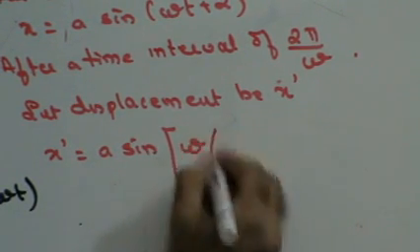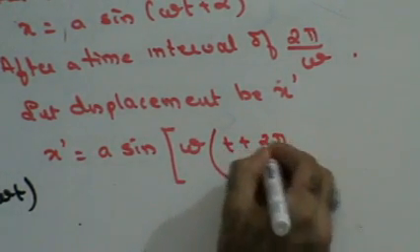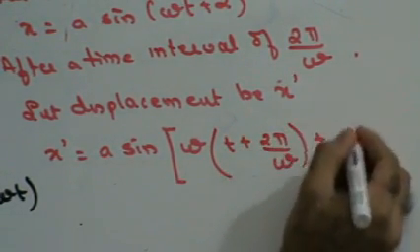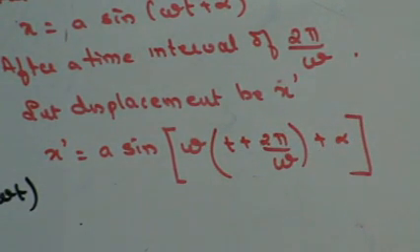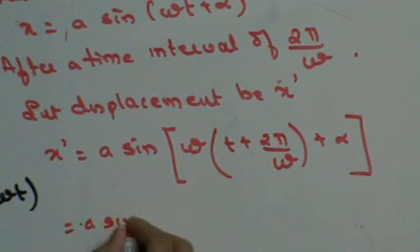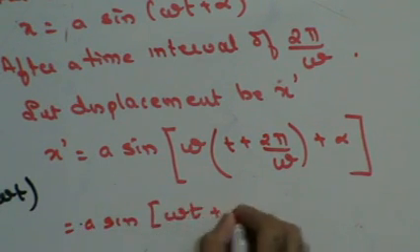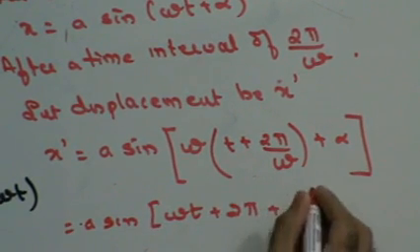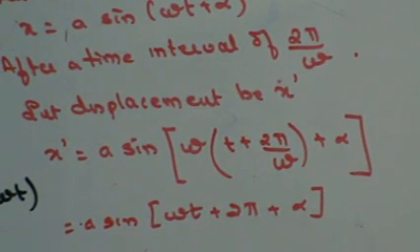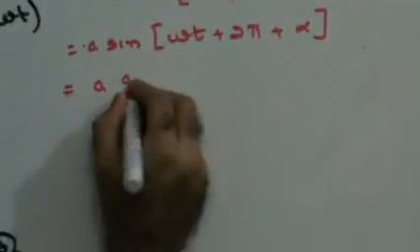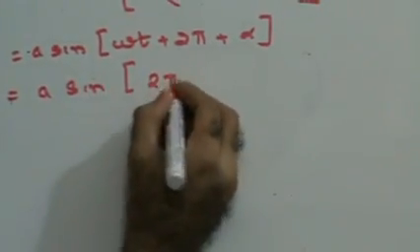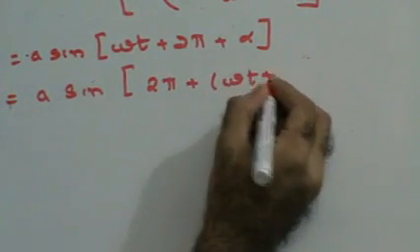So x bar equals A sine(omega(t plus 2 pi by omega) plus alpha). If I open the bracket, omega gets cancelled. This can be written as A sine(2 pi plus omega t plus alpha).